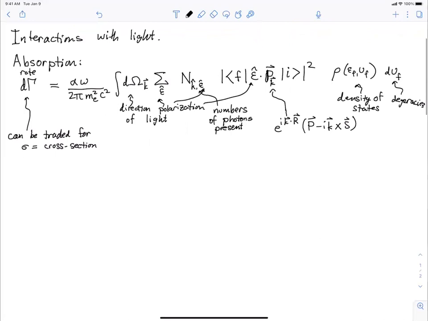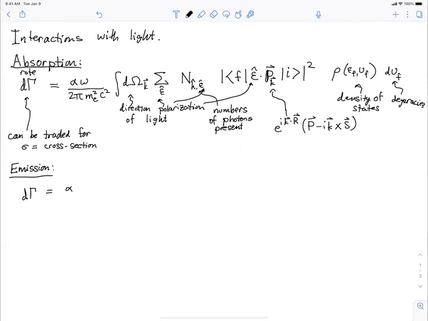So that was for absorption, and then for emission, the formula can be written also very similarly. By the way, you can also trade the number of photons for the intensity of the light. There are different ways of writing these formulas. For emission, it looks very similar when you write it in terms of the rate.